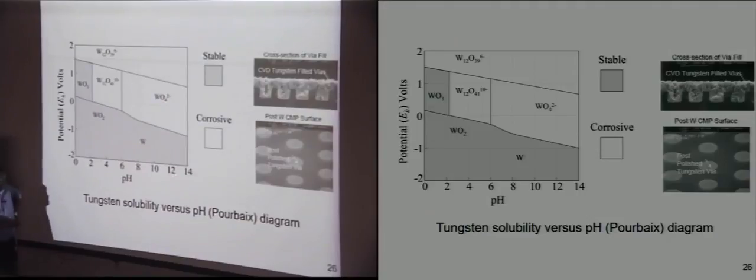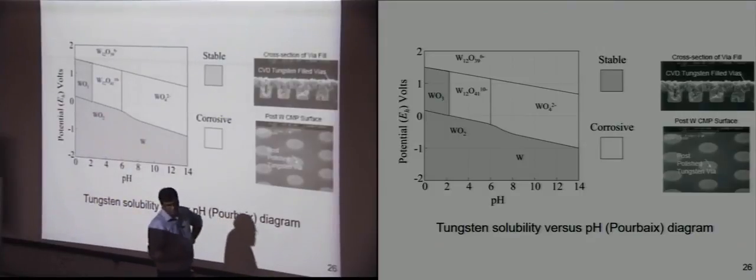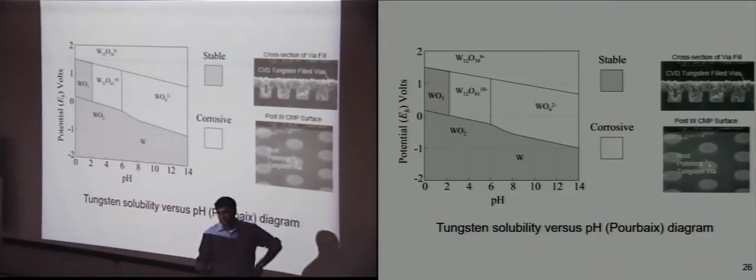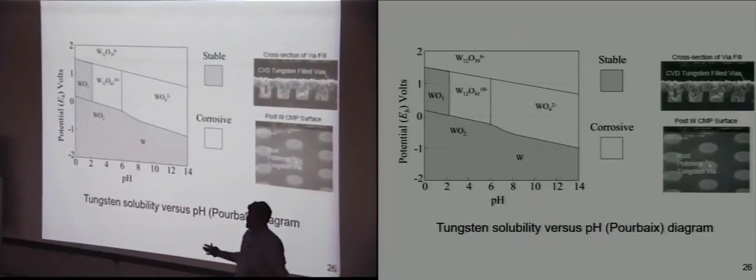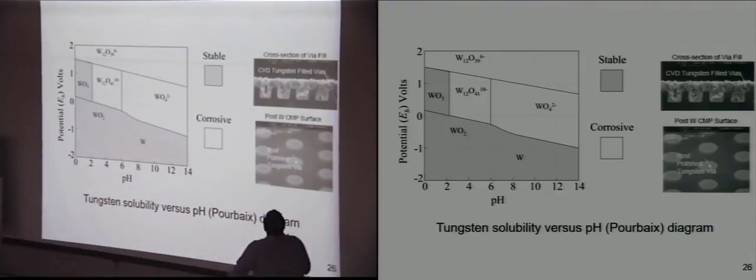If your pH is very high and you have iron nitrate, it may form a WO4 2-based oxide which gets easily dissolved away, which is not what we want, because if it gets easily dissolved away, it will be chemical etching, it will etch in all directions. We want to form a stable oxide and that dissolution or etching to happen only for a very short period of time. Only then can we go vertically down. So over here it shows you the cross section image of the tungsten via.